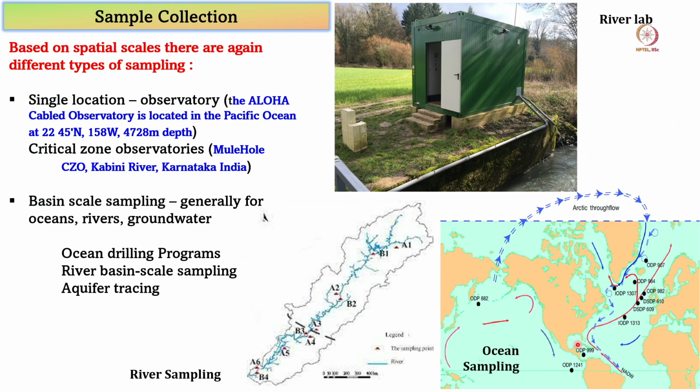And in the lecture where we were talking about future visions and critical zone observatories, which develop a greater in-depth understanding of the aquatic systems, such single location observatories are of prime importance, because those observatories give us very long historical data sets.